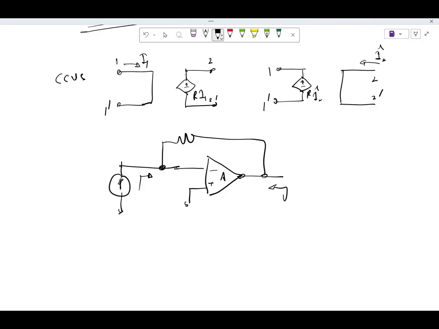Yeah, it's a current buffer. Using a single transistor, can you make a current buffer? MOSFETs, using MOSFETs. Yeah, right. So you can say not common drain, it's common gate, right?